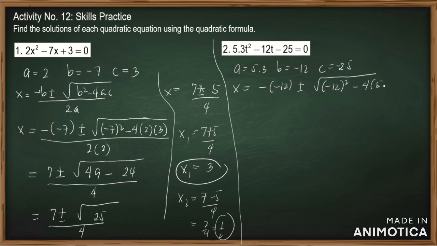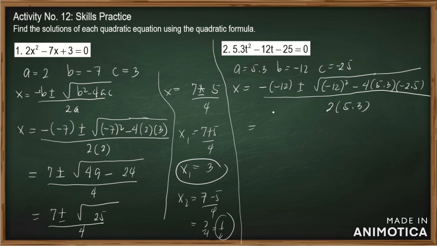Our a is 5.3 and our c is equal to negative 25. Of course, if you're going to have this kind of equation in completing the square as well as in factoring, it will be quite difficult. Then we have 2 times a. Our a is equal to 5.3.